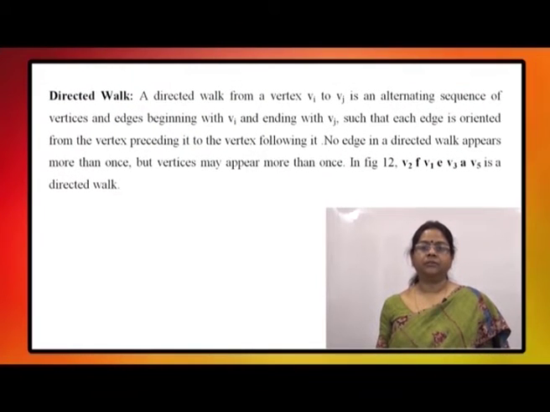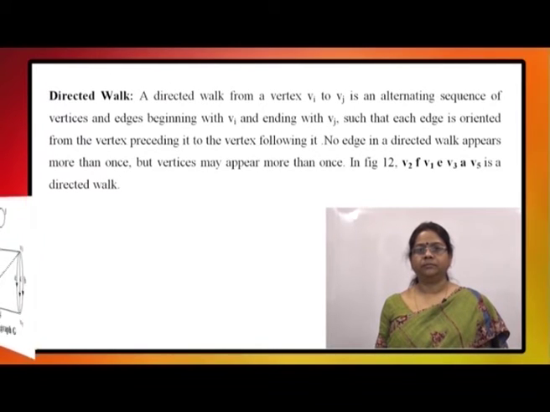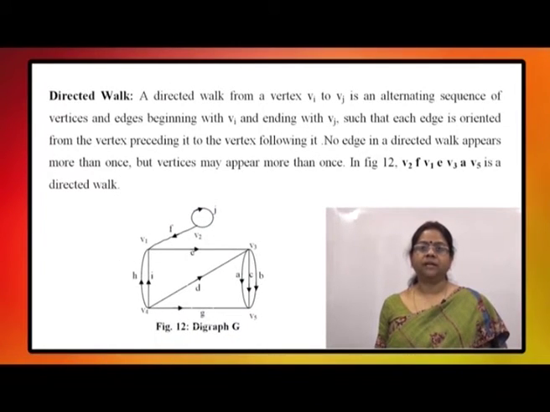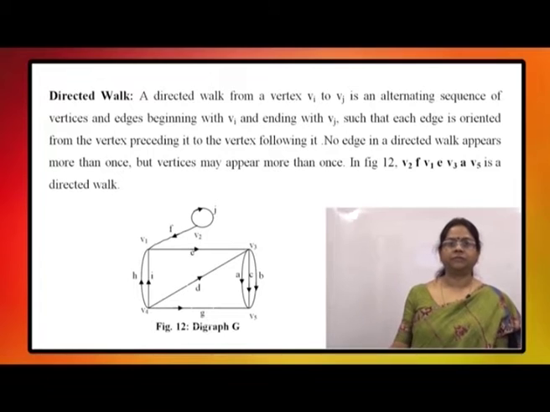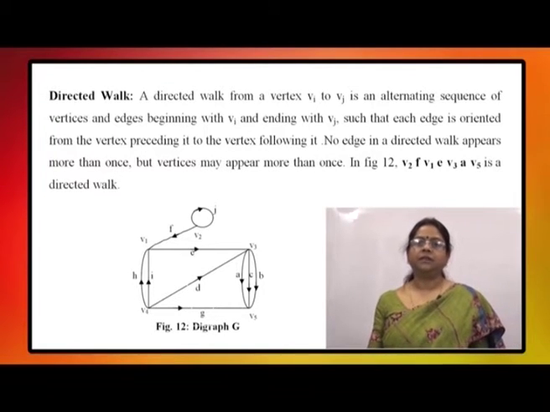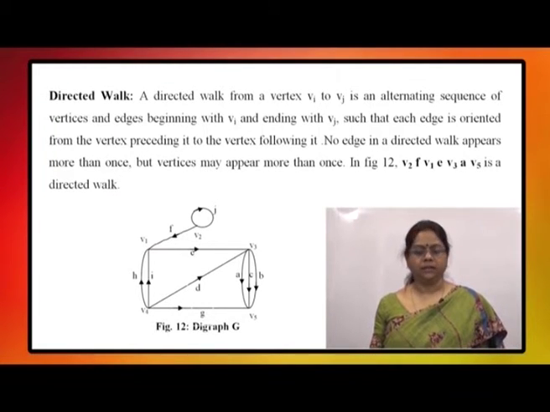Now we come to the definition of directed walk. This is also similar to the case of undirected graph, except that the edges are to be oriented from the vertex preceding it to the vertex following it.